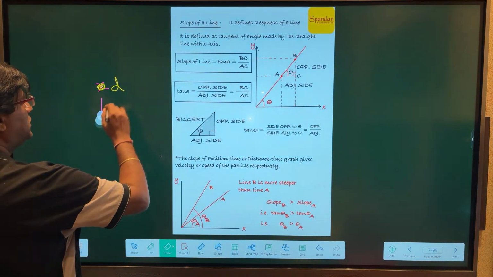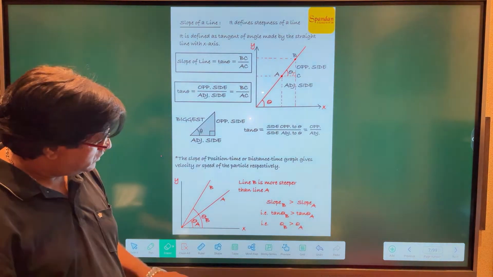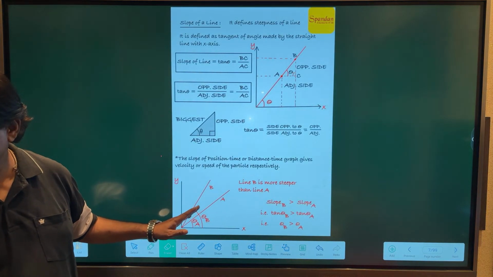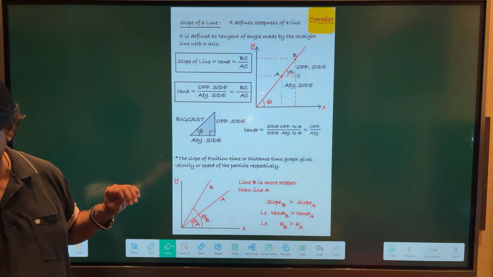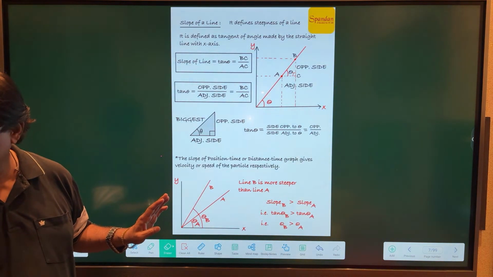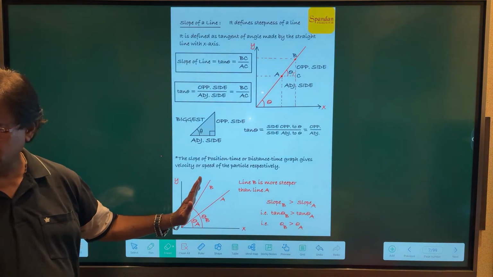Now we can see here that for line A and line B, which one is steeper? B. B is steeper.